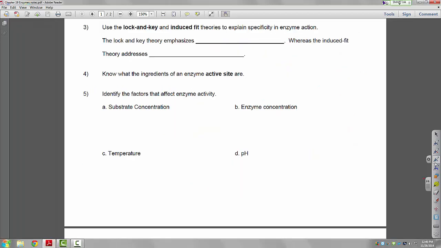Alright, now there are two main models for explaining how enzymes work. One is the lock and key, one is the induced fit. The lock and key model, maybe more of a model than a theory, emphasizes specificity.